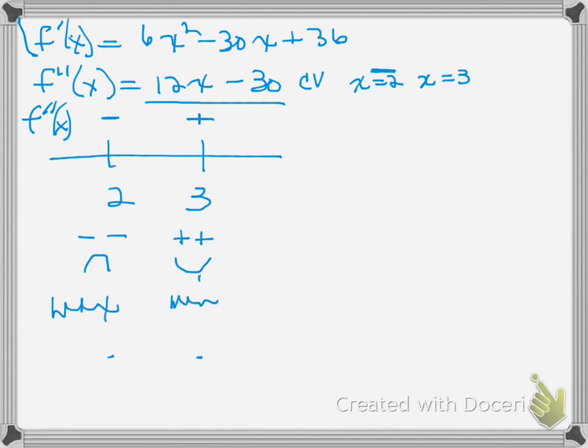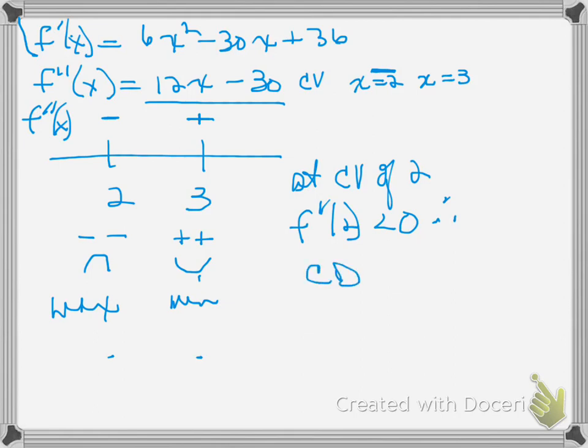Now I'm ready for my statement. At the critical value of 2, f prime prime of 2 is less than 0, therefore I am concave down, which leads to a max.